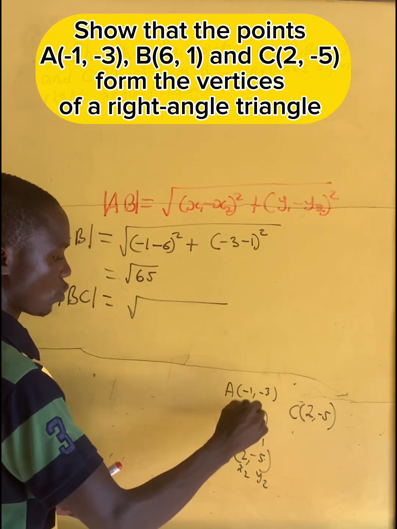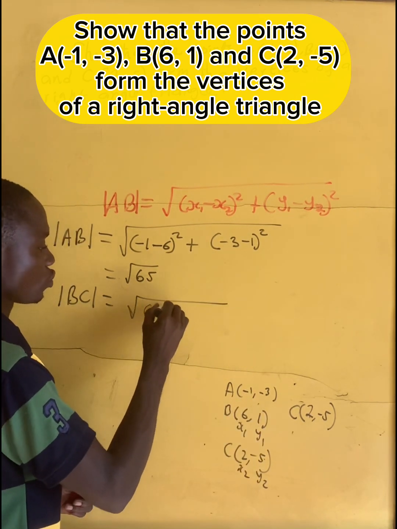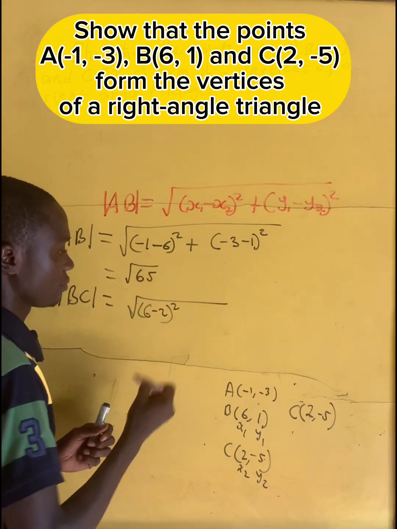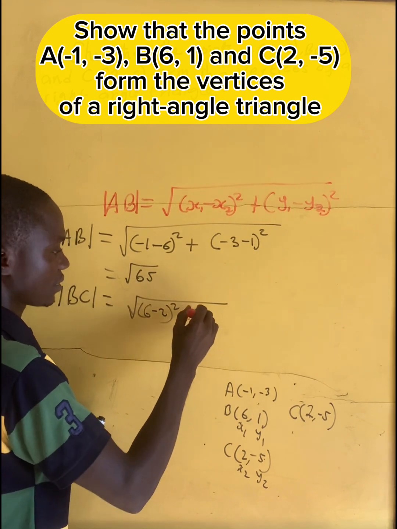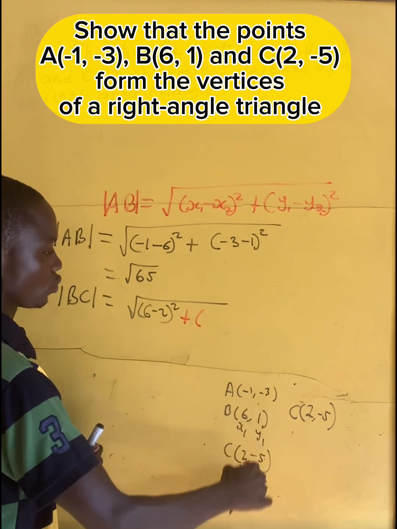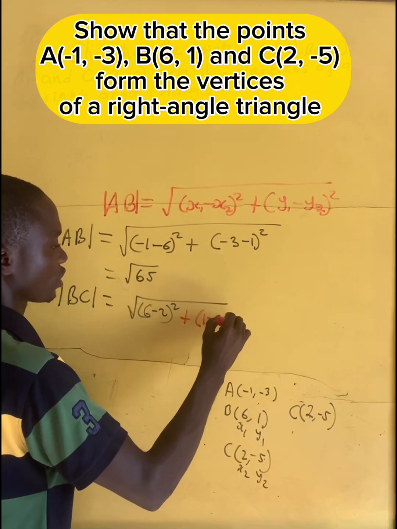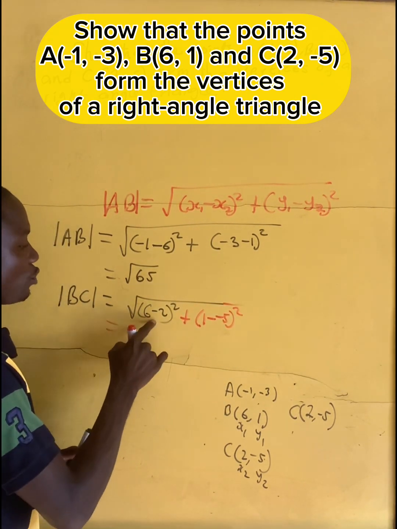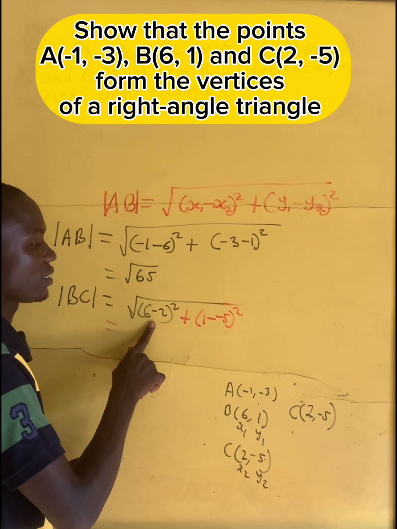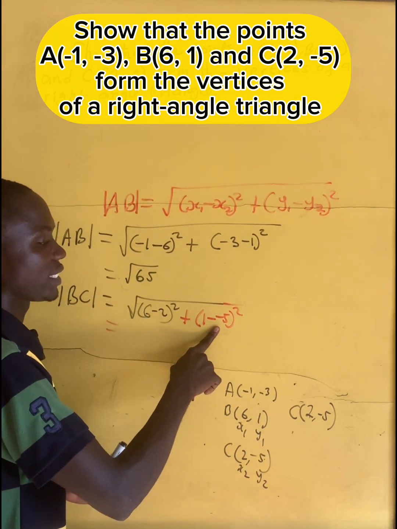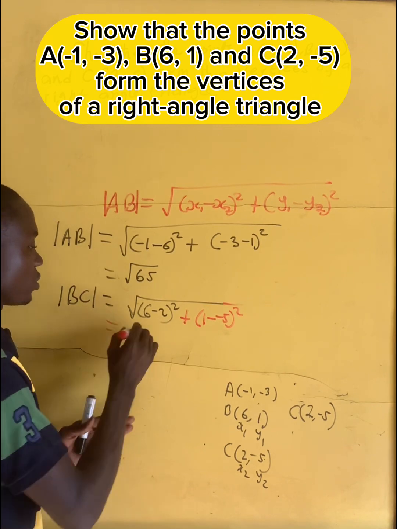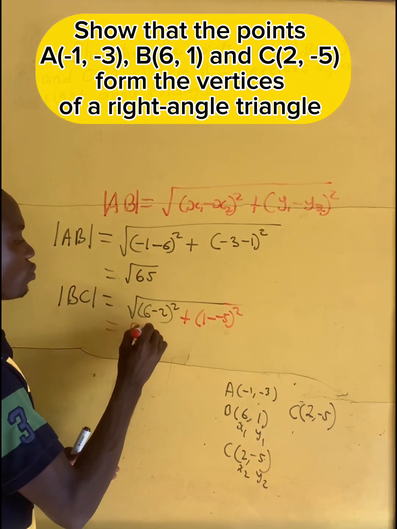So we take the x coordinates, 6 minus 2, then we square, plus we take this one, 1 minus 5, then we square. If we square this one, we are going to get 16. If we square this one, we are going to get 36. If we add it together, we are going to get 52. So this will give us square root of 52.